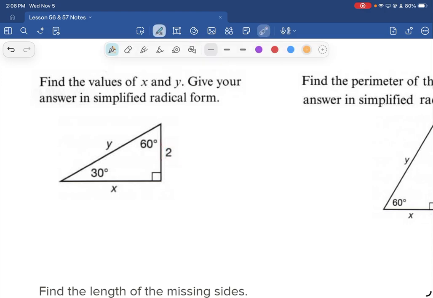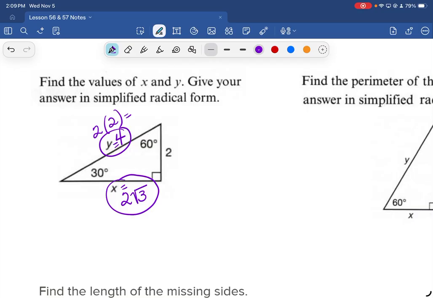Because from here, if I have the short leg, I know that if I take the 2 and double it, I will get 4, which is the hypotenuse. The hypotenuse is easy to find when you have the short leg because you just double it. And then for the long leg, remember you take the short leg value and multiply it times root 3.